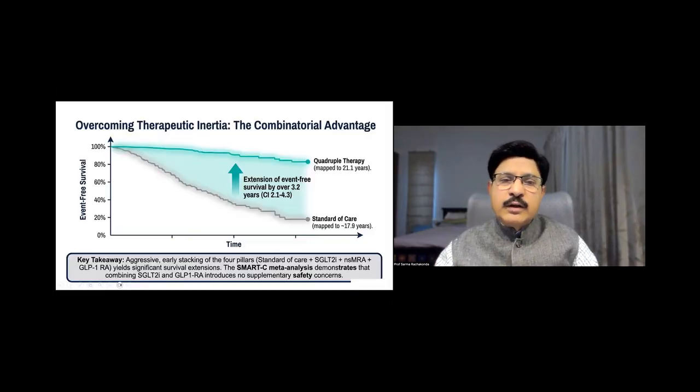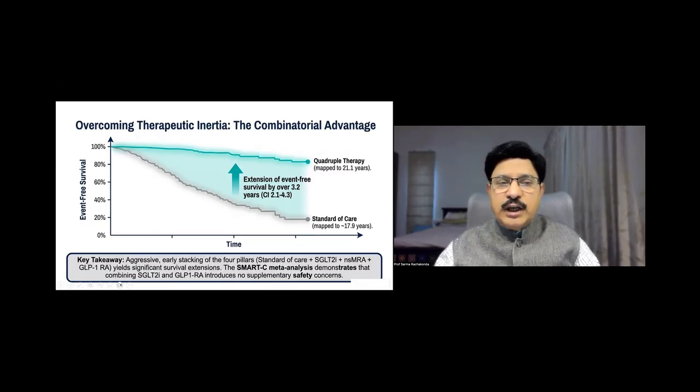This is the final picture. Now, overcoming therapeutic inertia, the combined advantage of quadruple therapy: you see standard care gives a very rapid decline in the eGFR. If you use all four therapies, there is a wonderful improvement here. Aggressive early stacking of four pillars, standard of care, SGLT2i and NSMRA, GLP-1 yield significant survival extensions.